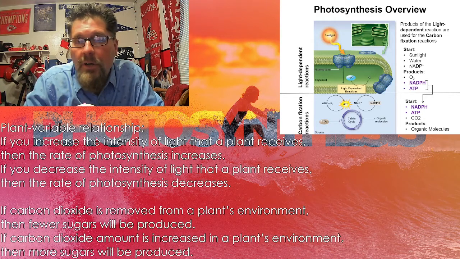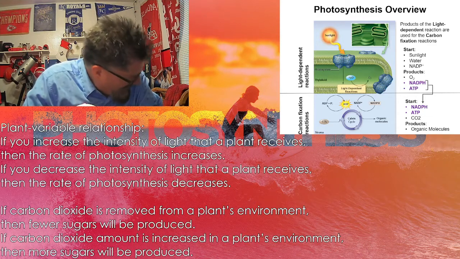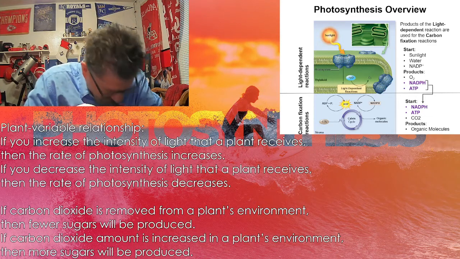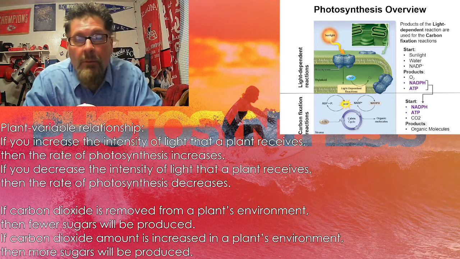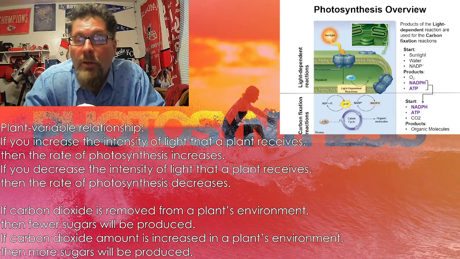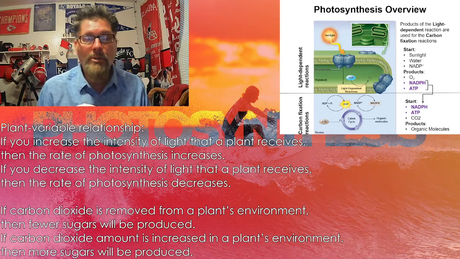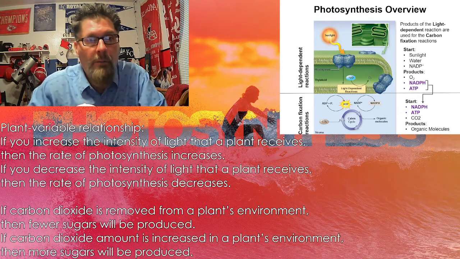We're going to decrease how much photosynthesis can occur. Same with the carbon dioxide that we need for those C's and O's. If we increase the amount that we have, then we can increase how much we make. And if we decrease that, we're going to decrease the amount that we make.